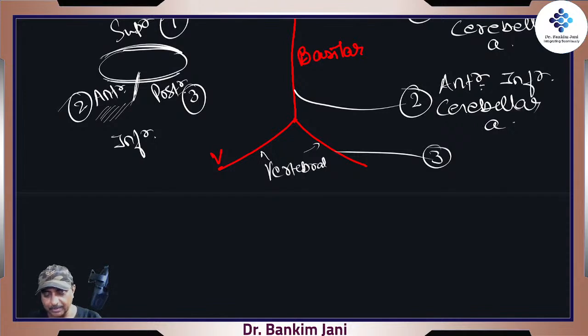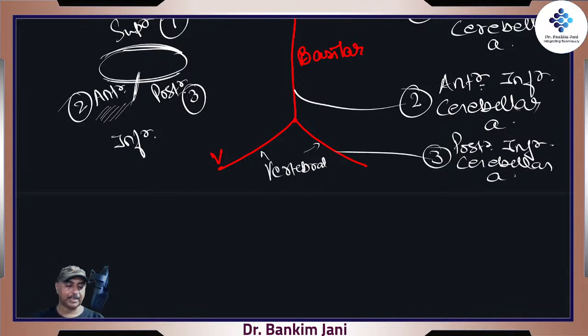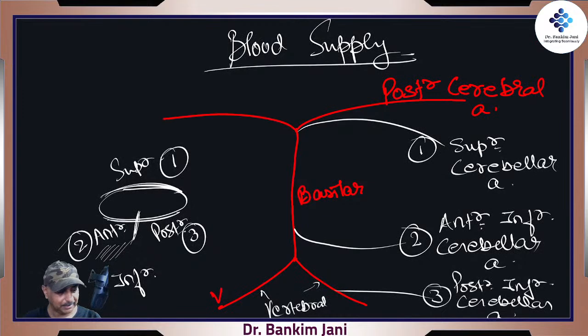So this is the branch of the vertebral artery. This is the posterior inferior cerebellar artery, which supplies the posterior part of the inferior surface of the cerebellum. Pretty easy, right? So that's it. This is about the chota dimag, or the cerebellum.